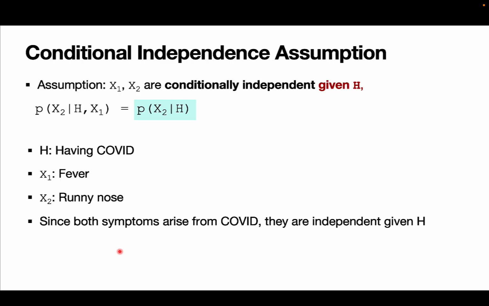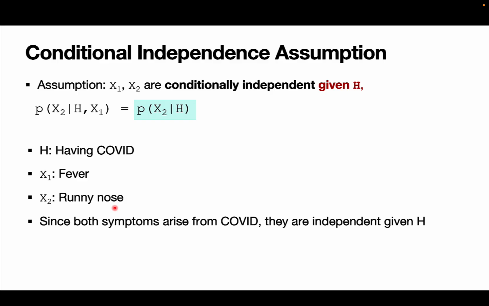To overcome the issue of computing the joint probability, we can make an assumption that simplifies the problem. So let's assume that x1 and x2 are conditionally independent, but under this given hypothesis. This is a big assumption we're making here, and it makes a lot of sense. If we think about it concretely, having a fever and having a runny nose, both symptoms arise from COVID.